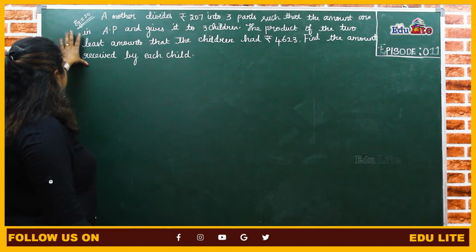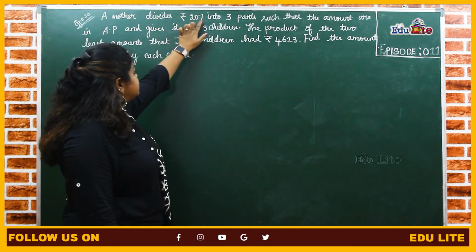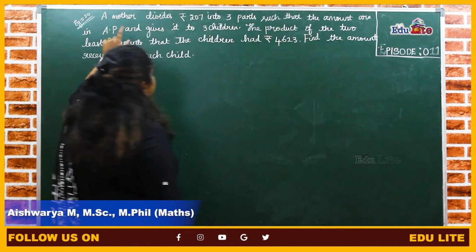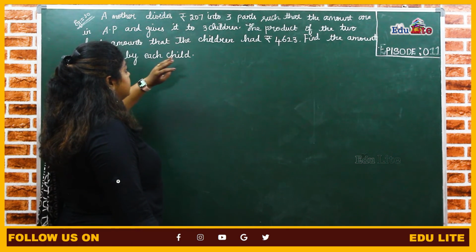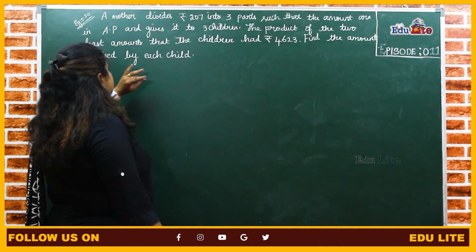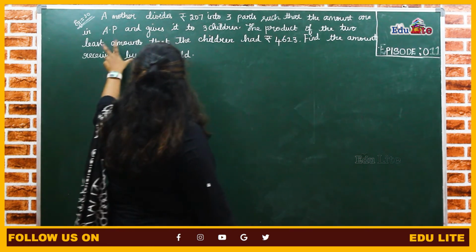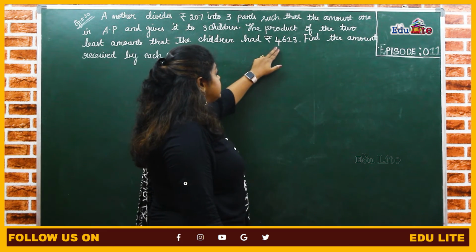So, in example 2.30, a mother divides rupees 207 into 3 parts such that the amounts are in AP, which means we have to consider the 3 consecutive numbers A minus D, A, A plus D, and the product of the 2 least amounts that the children had is 4623.